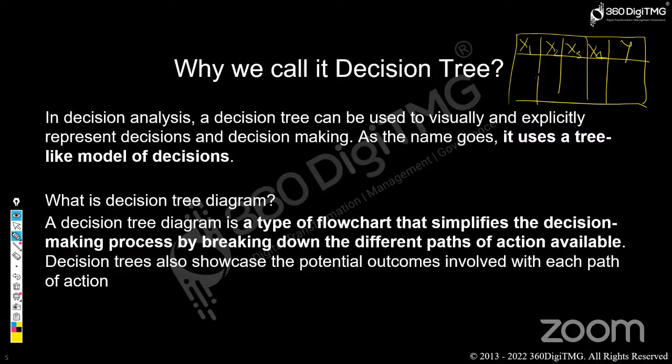Now, based on only one input, your root node could be decided. So which input node do you have to choose? The input variable which gives you the maximum information. You will choose that.